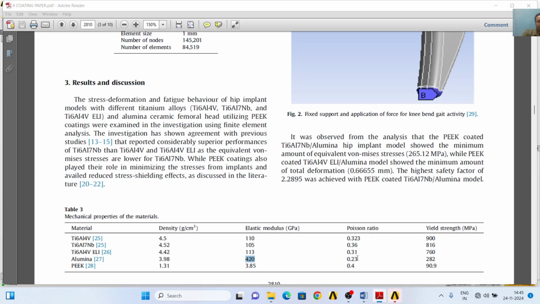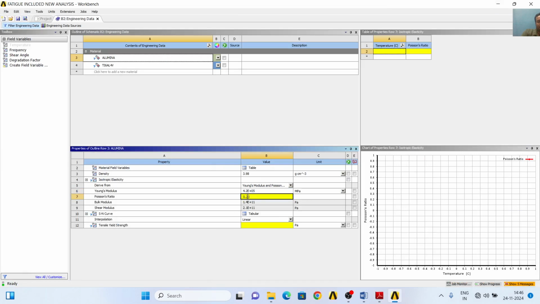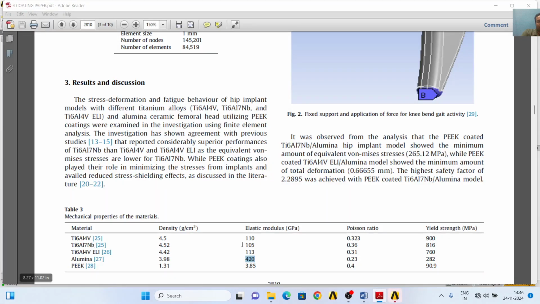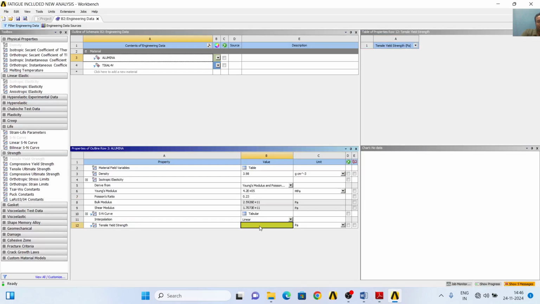The Poisson ratio will be 0.23, and the tensile yield strength is 282 megapascal.